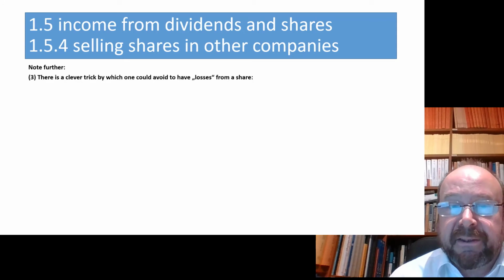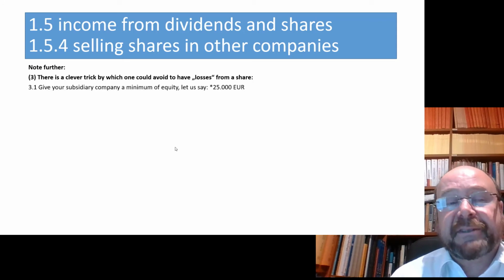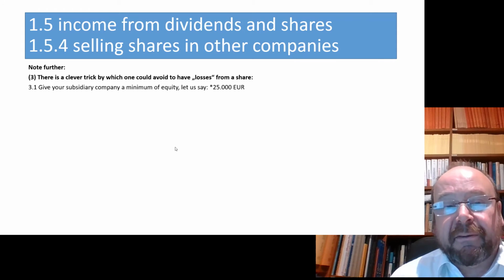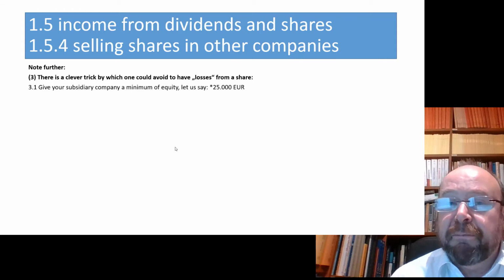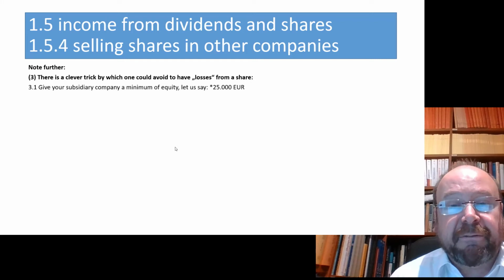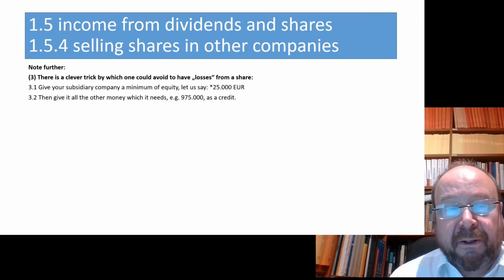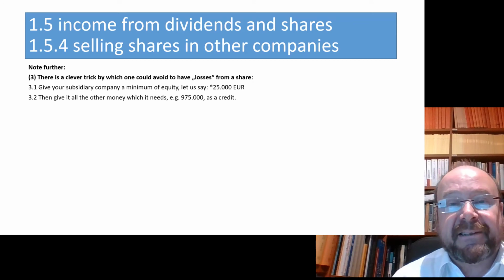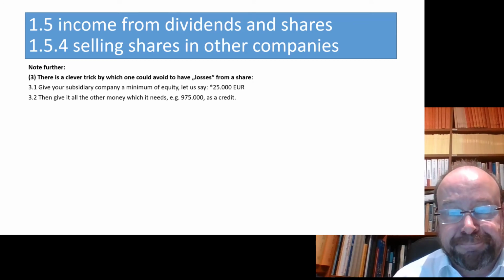And that trick goes as follows. First, set up a company and equip that company with a minimum of equity, let's say 25,000 euro. Now, if the company needs more, then you give all the rest as a credit only.